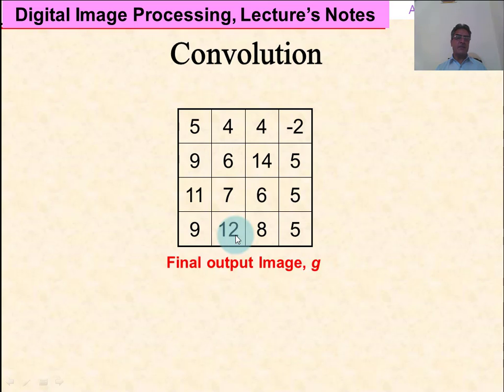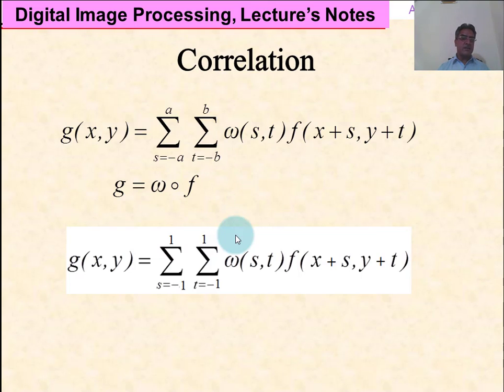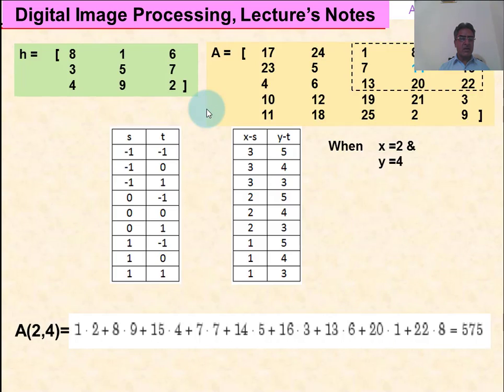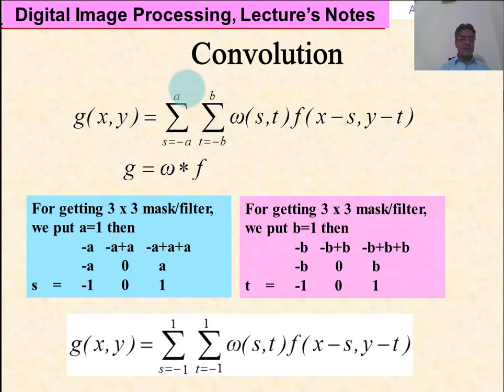And similarly, the correlation g of x,y is equal to the sum with s equal to minus a to a, t equal to minus b to b. There is nothing different between the convolution and correlation expressions. This was the convolution expression, s equal to minus a to a, t equal to minus b to b, w of s,t.